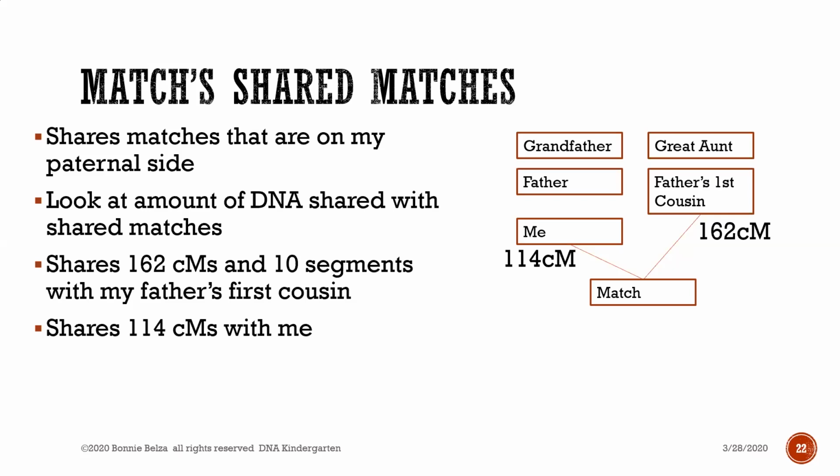When I compared the tests that he shared with me, I found that while he only had 114 centimorgans between he and I, he actually shared 162 centimorgans with my father's first cousin, my first cousin once removed. This gives me a clue that he might be on that line of my family.